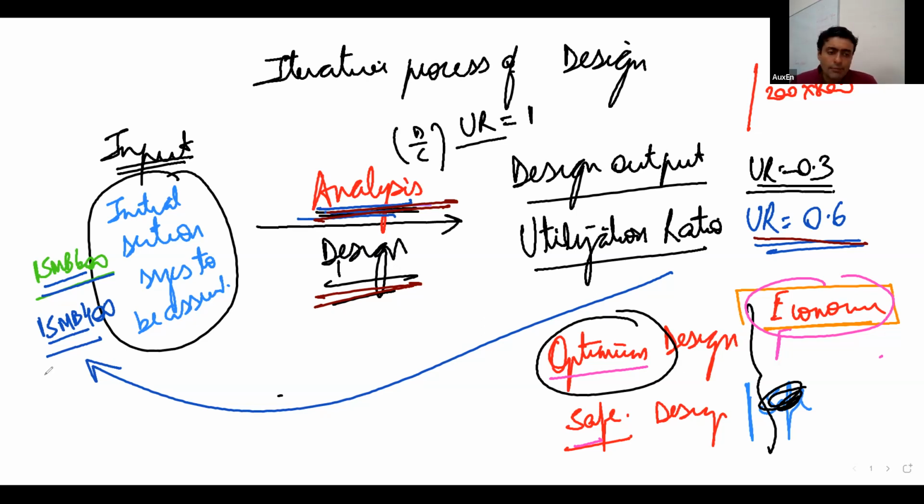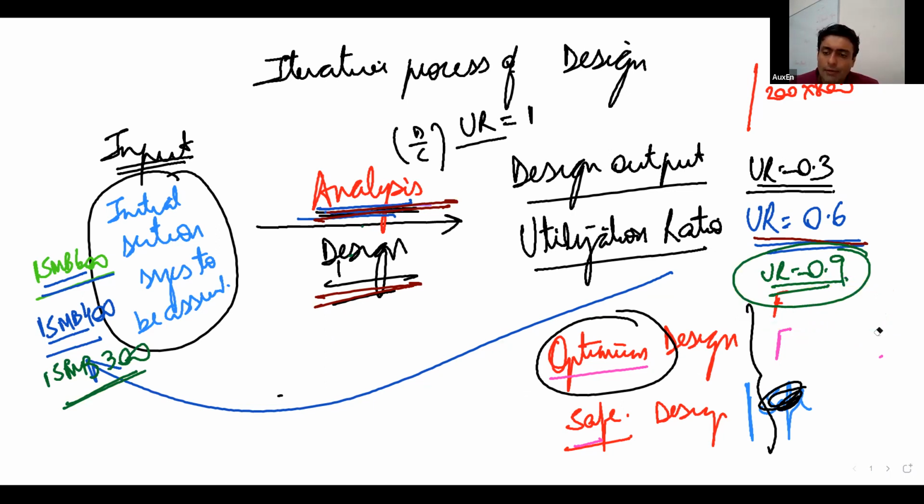It's extremely important to rerun your analysis. You take this size now, 300. You rerun the analysis, redo the design, and now you get a UR of 0.9. Okay, now you say that it's okay. As a designer, you have decided to limit the UR at 0.9. So this is called design iteration.